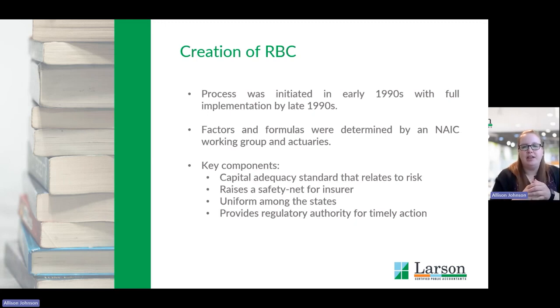Similarly, it also provided regulators a metric to gauge when an insurer might be in surplus trouble. It also provided them the authority to step in once RBC gets to a certain level. The other benefit of this is that it's uniform across the states, so it's comparable when you're looking at insurers that are domiciled in different states.